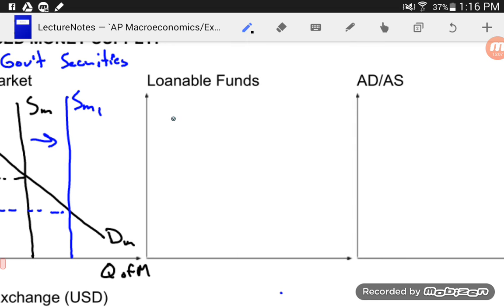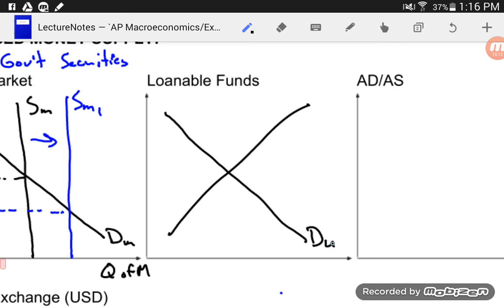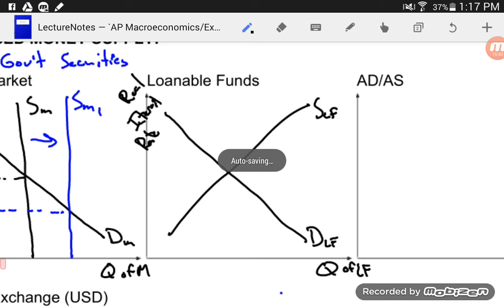All right, in the loanable funds market, we're going to see a fairly similar effect. Demand for loanable funds and the supply of loanable funds. This is the quantity of loanable funds, and the y-axis is the real interest rate. These two are somewhat tied together in this case in the short run. Real interest rate is really the nominal interest rate minus inflation. So if the nominal interest rate is dropping, real interest rate is probably dropping as well.